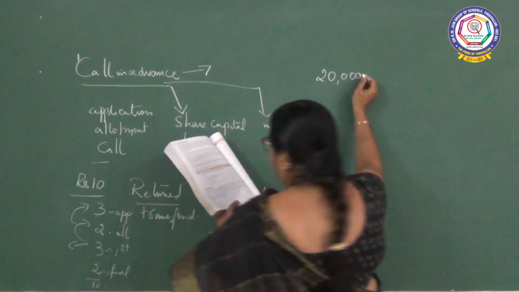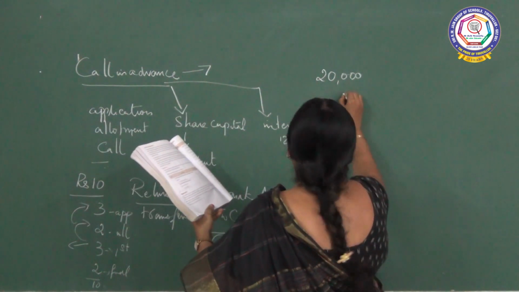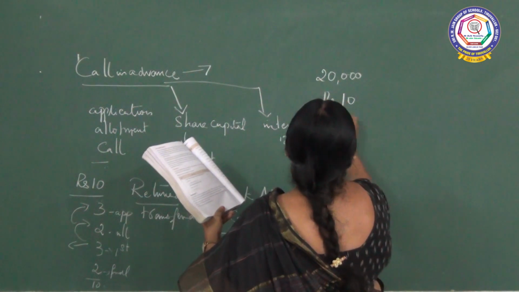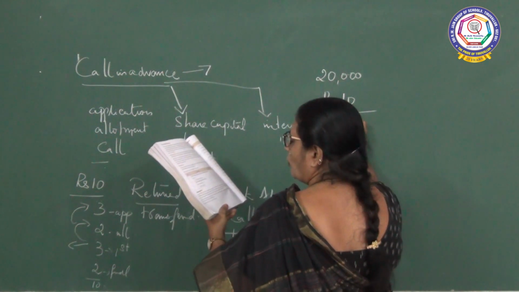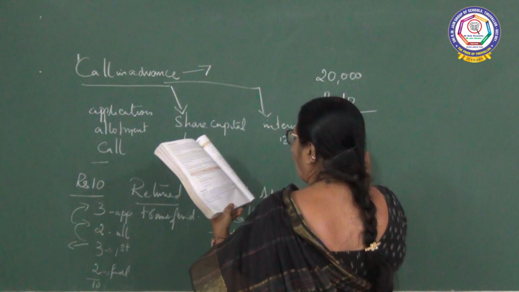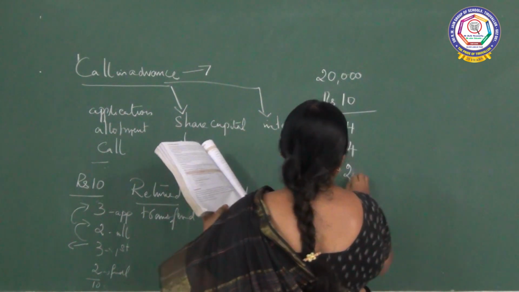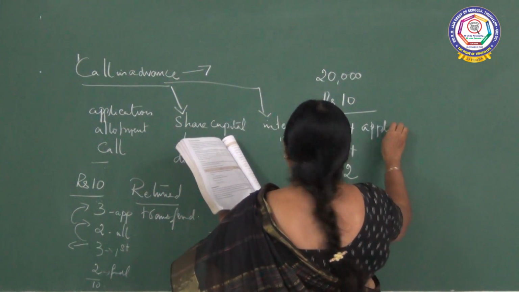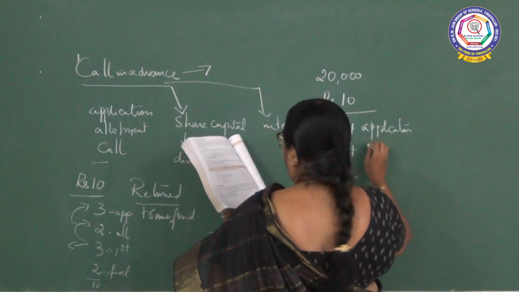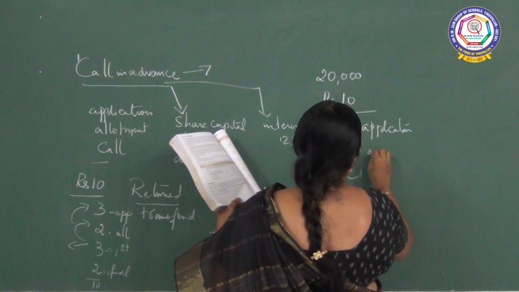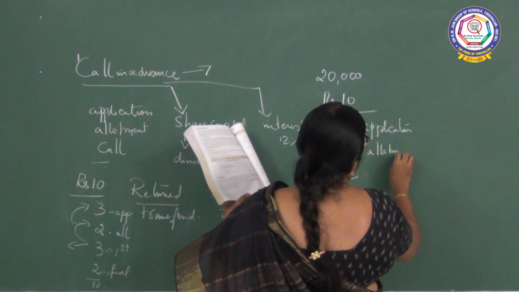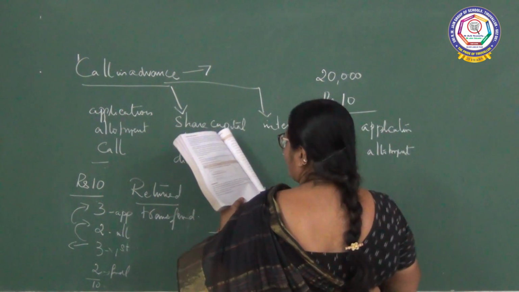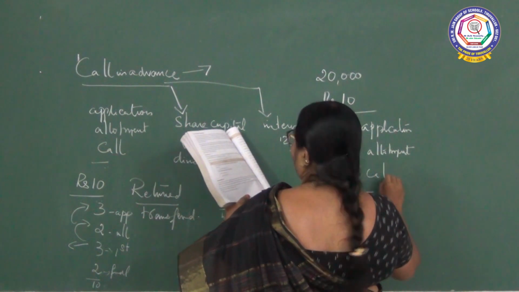Now see here, 20,000 shares are going to be issued at rupees 10: 4 on application, 4 on allotment, and 2 on call money.